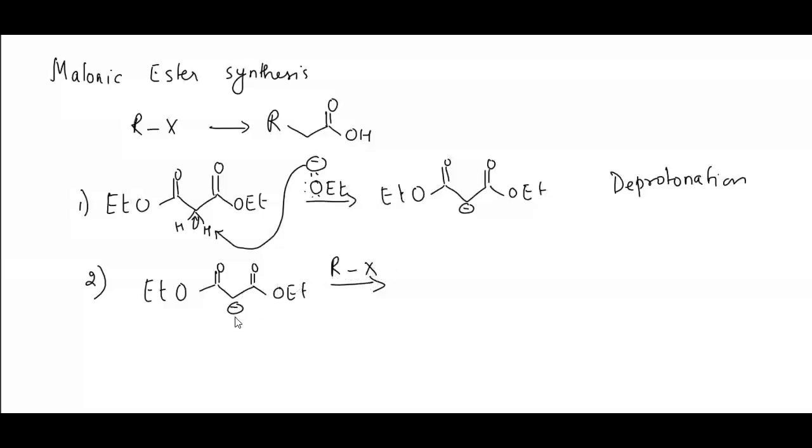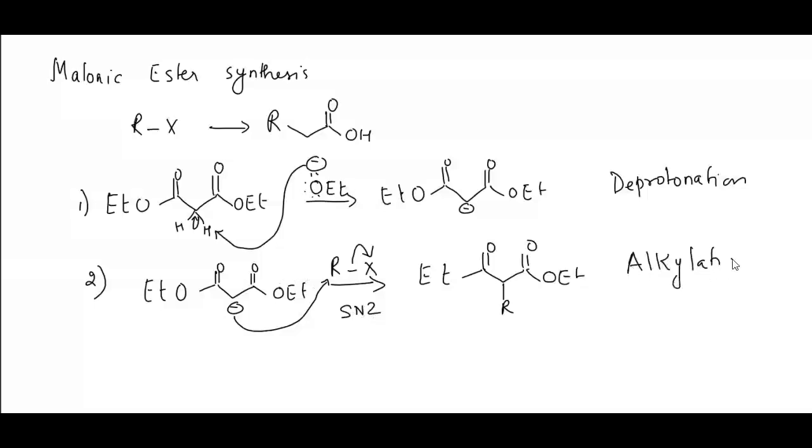This can transfer the R group because the halogen is more electronegative and pulls the electrons towards itself, as a result of which you get an alkylated compound, where the new R group is at this position. So it's an SN2 reaction, and the second step we call alkylation.